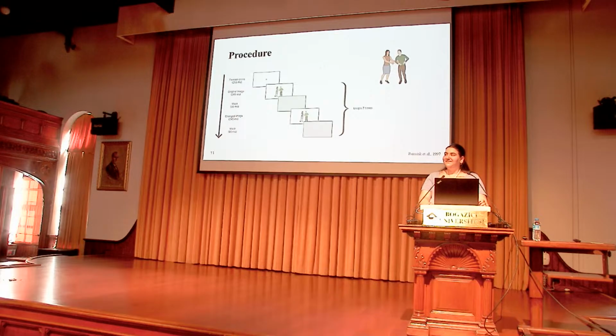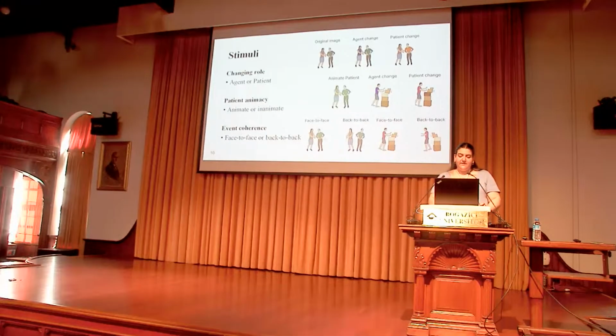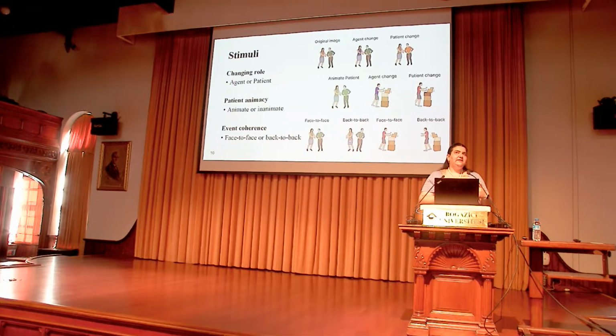Any other questions? Sure. So here, for the back-to-back events, the only difference is the absence of an event and therefore event roles. So in this picture here, this woman is not the agent, technically.